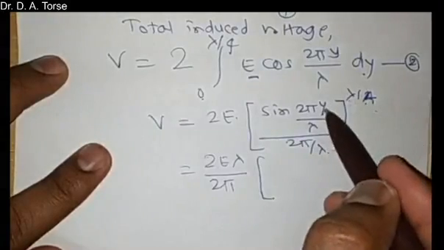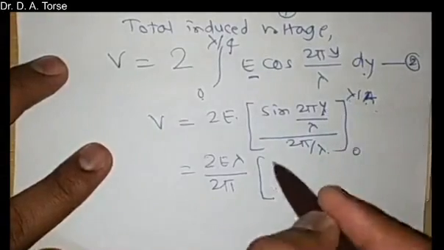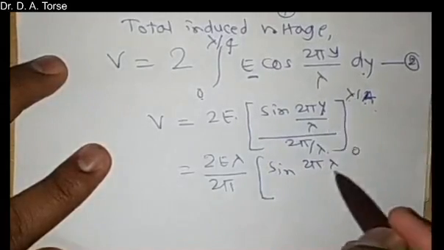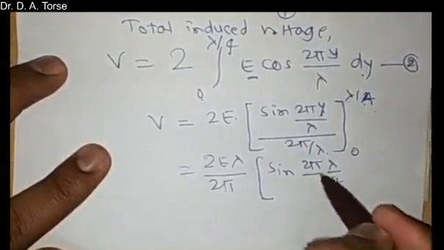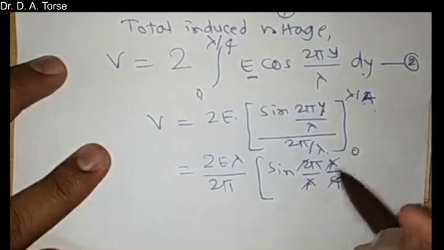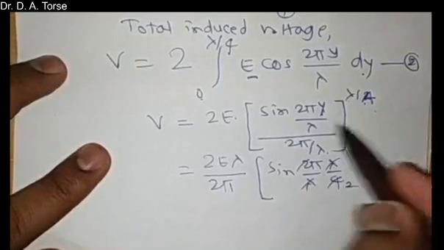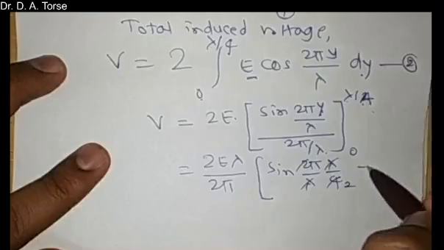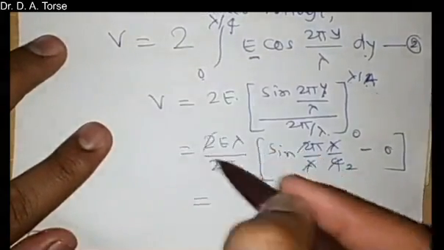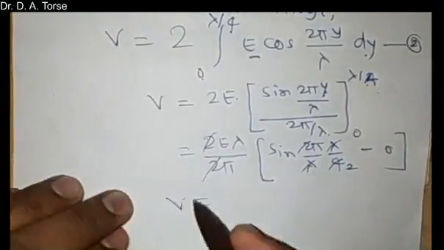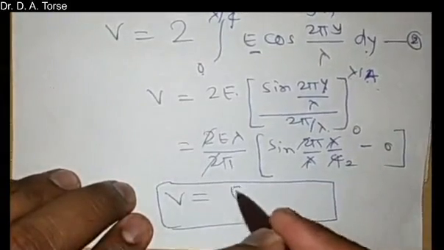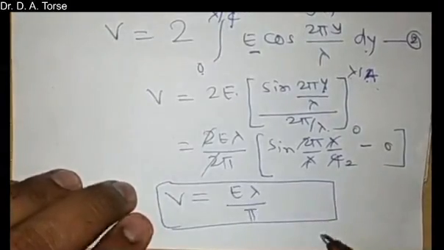If we substitute lambda by 4 here, the term is sine of 2 pi by lambda times lambda by 4. So lambda, lambda cancels, and 2. So it is sine pi by 2, which is 1, and sine 0 is 0, so minus 0. The 2 and 2 cancel. So the answer we get for V, the induced voltage, is E lambda by pi.